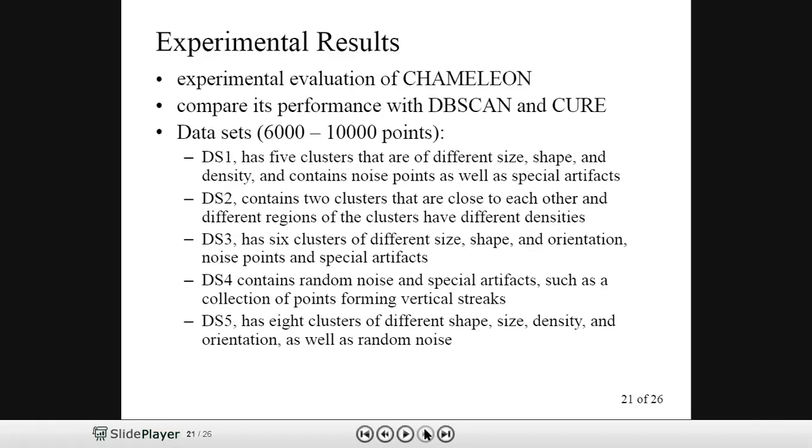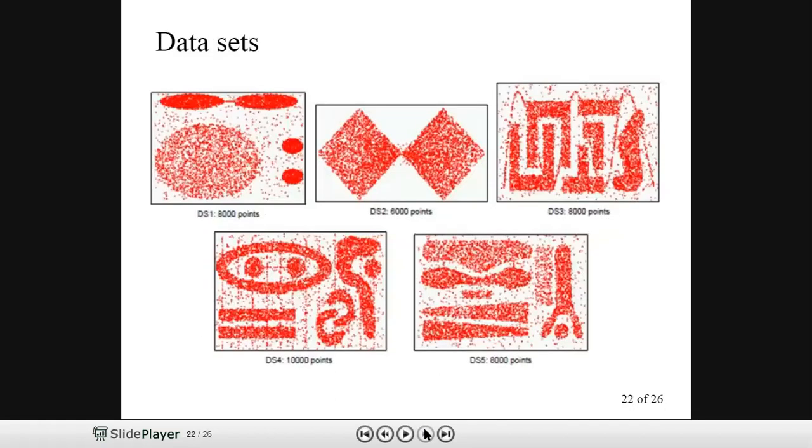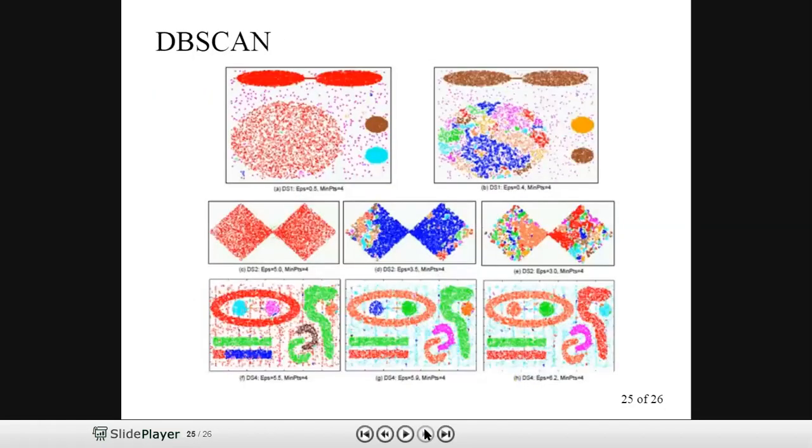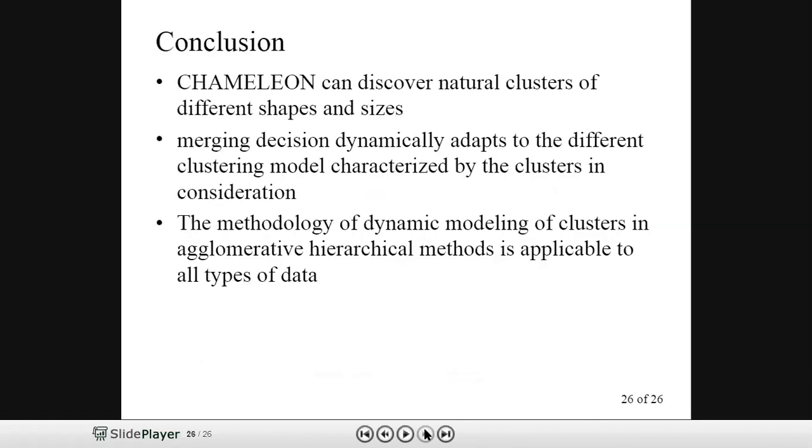From the experimental evaluation, comparing this with the rest of the algorithms, we find that Chameleon can discover natural clusters of different shapes and sizes. Merging decisions dynamically adapt to the different cluster models characterized by the clusters under consideration. It means it can be applied over any natural data set of different sizes and shapes.